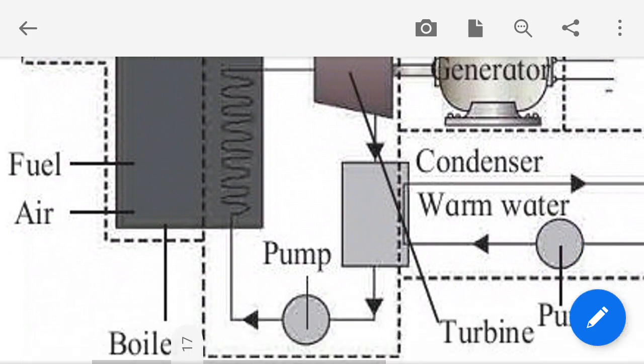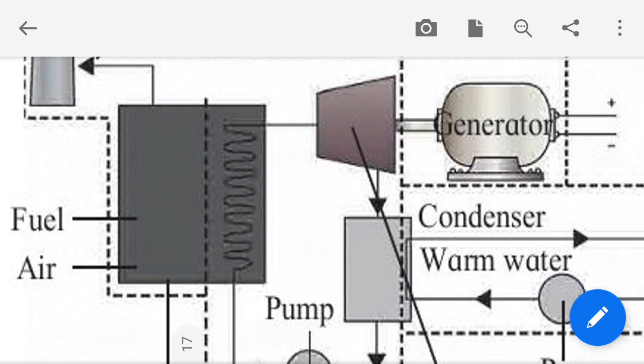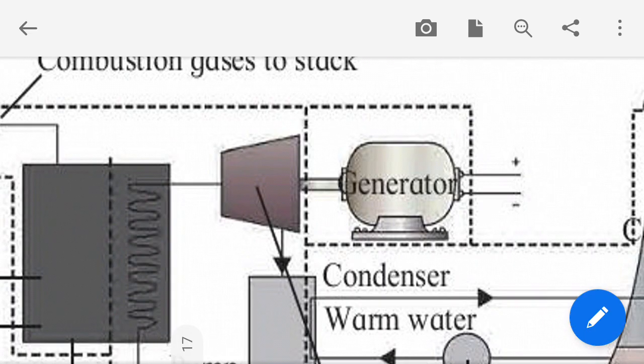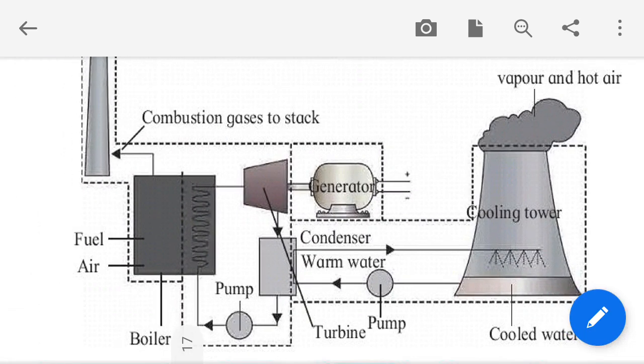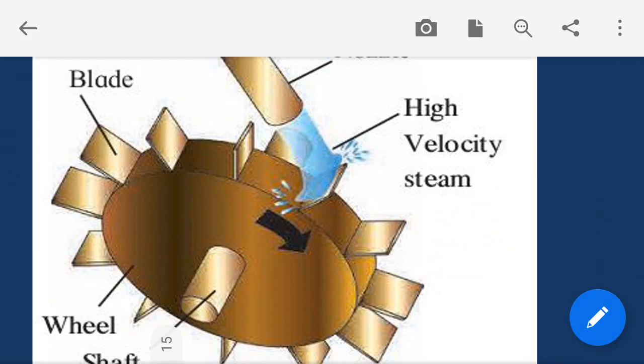Then these are the tubes which are passing from your boiler to the turbine. Initially in these tubes there is water. By this heat or fire, this water is converted to steam and passed to the turbine. So the function of the boiler is, in a simple way, to convert water into steam. When this steam comes to the turbine, these are the blades.